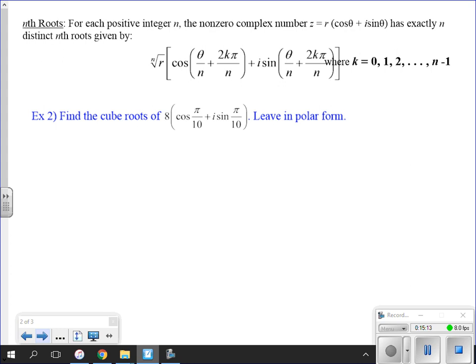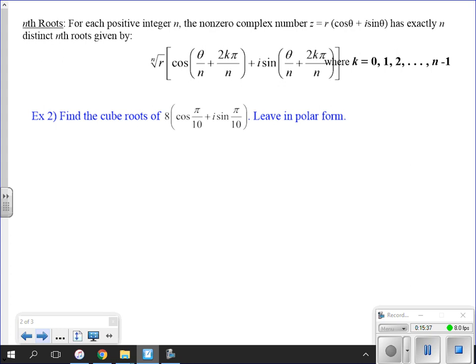And when you have complex numbers, it's not like you have one particular root. You have several roots that you are working with. You're not going to get just one value. It's not like the cube root of 8 is 2.